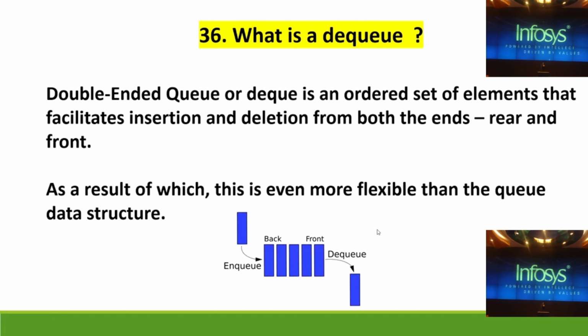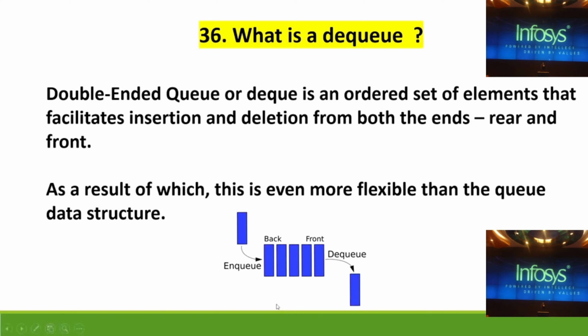A queue follows the FIFO pattern. The terminologies of insertion, deletion, rear and front are the same, but as a result this is even more flexible than the queue data structure.